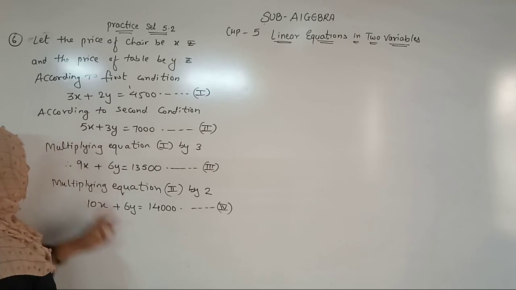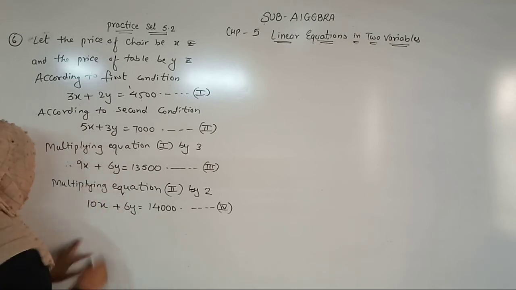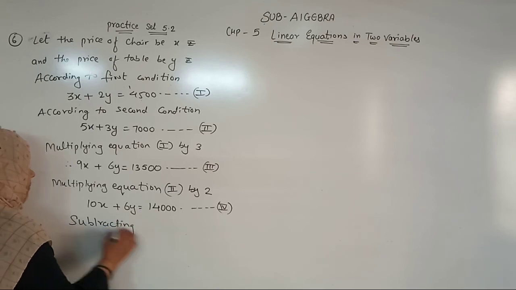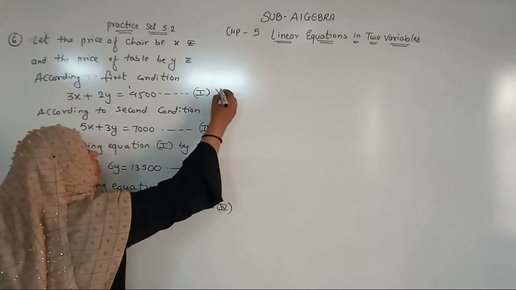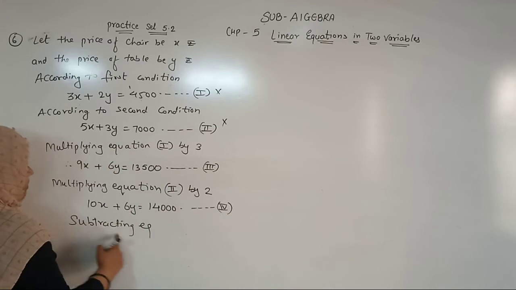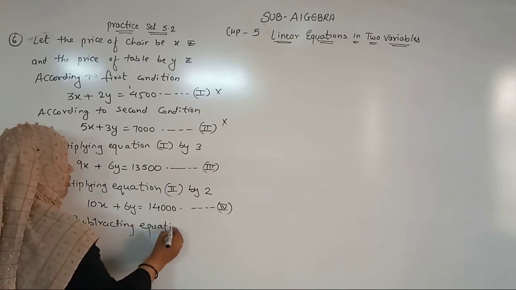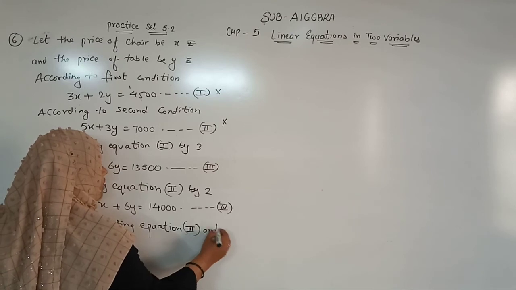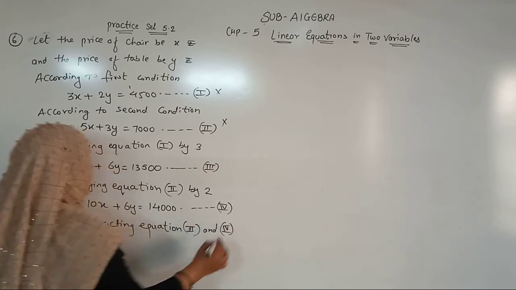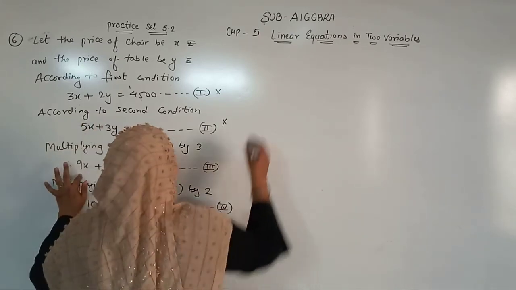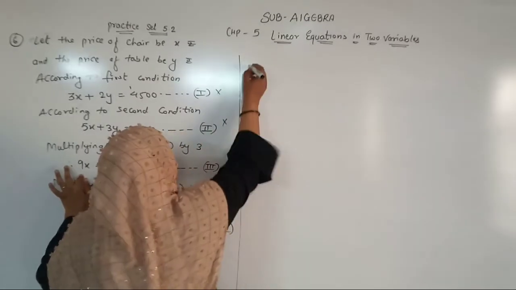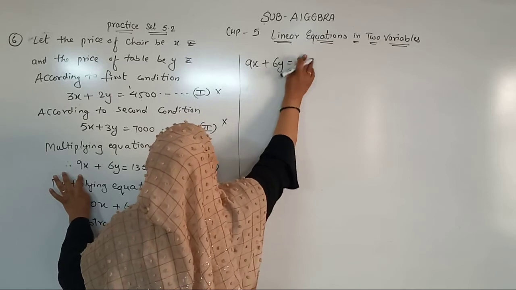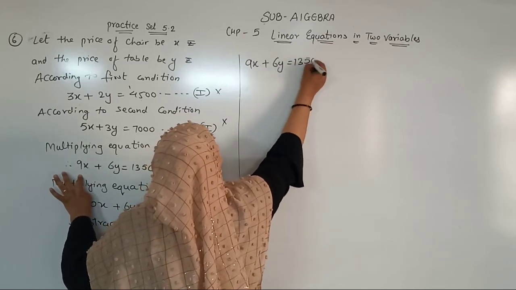Done. Now see, my 6y are equal and the sign is similar, so I will be subtracting. Now subtracting, I will not look at equation number 1 and 2 right now. So subtracting equation 3 and 4. Now my third equation is 9x plus 6y equals 13,500.